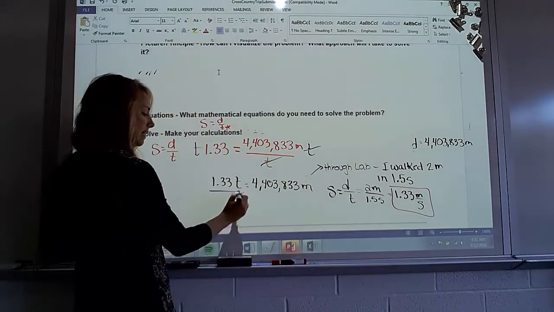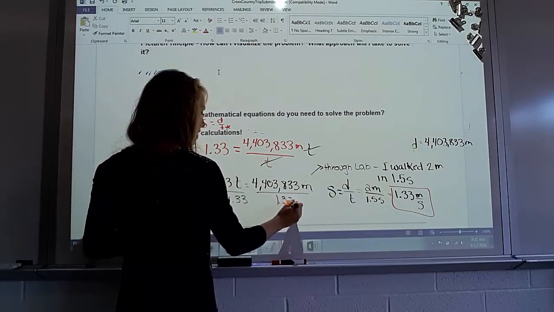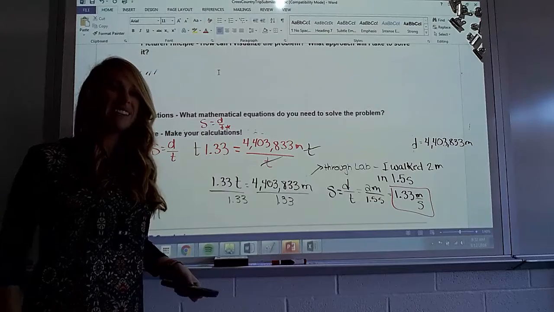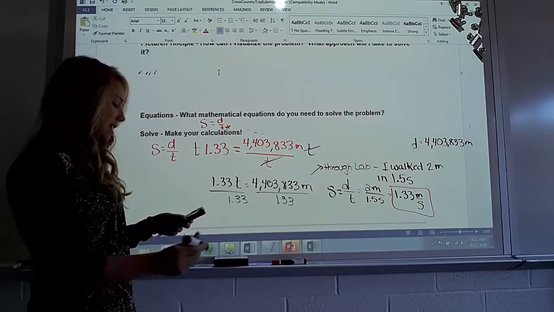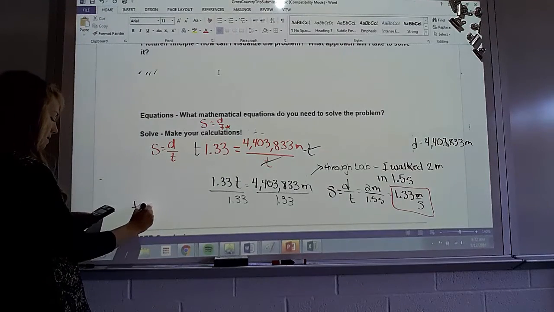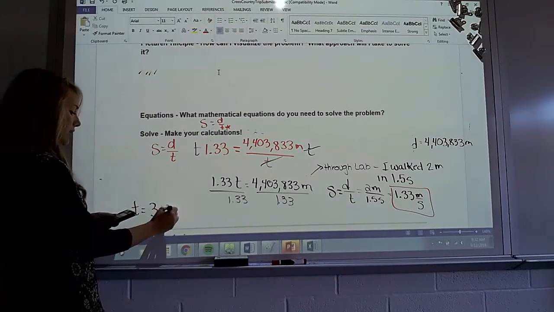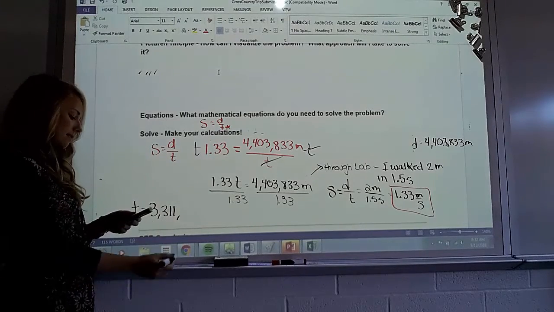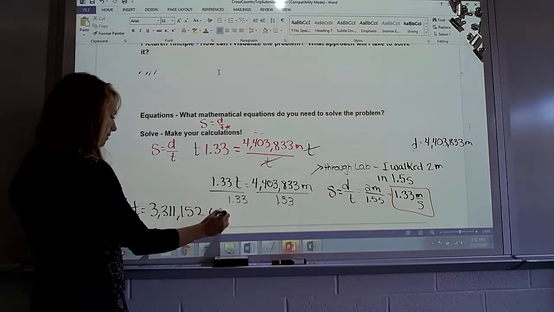And now you can see I can easily just divide by 1.33 to get my time, and let's figure out what that was. And so the time in seconds that it would take me to cross the country is 3,311,152.6 seconds.